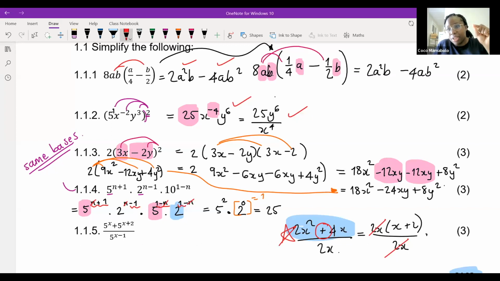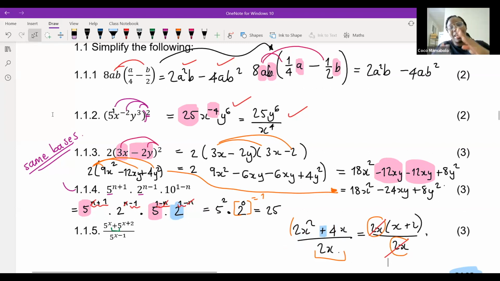There's a plus in the middle, so I have to factorize. Now when we go to our actual question, we've also got a plus in the middle, so we're going to have to factorize. Look at the top over here. If I want to cancel the top with the bottom part, I have to take a 2x out of the top in order for that 2x and the 2x at the bottom to look the same.